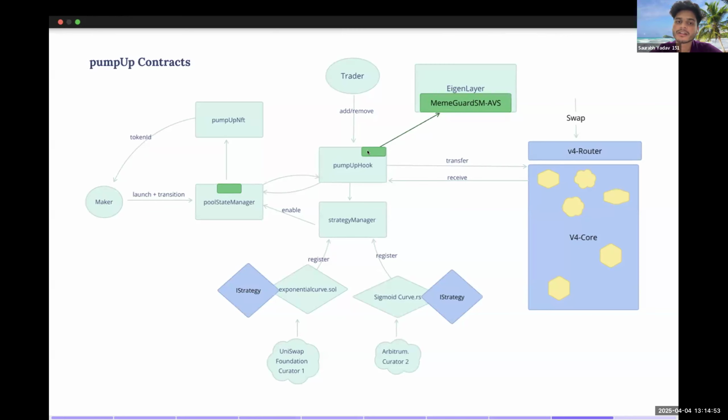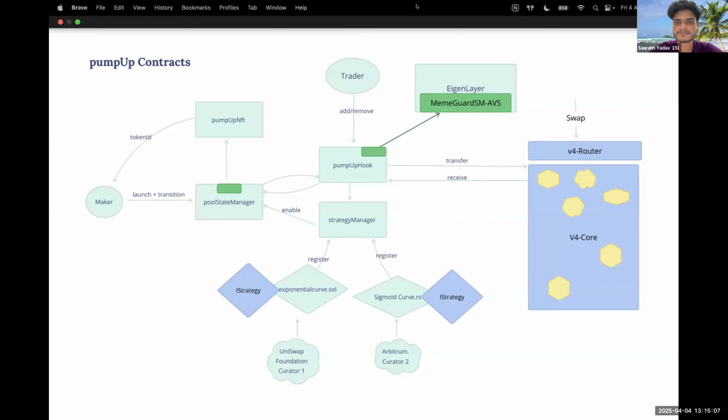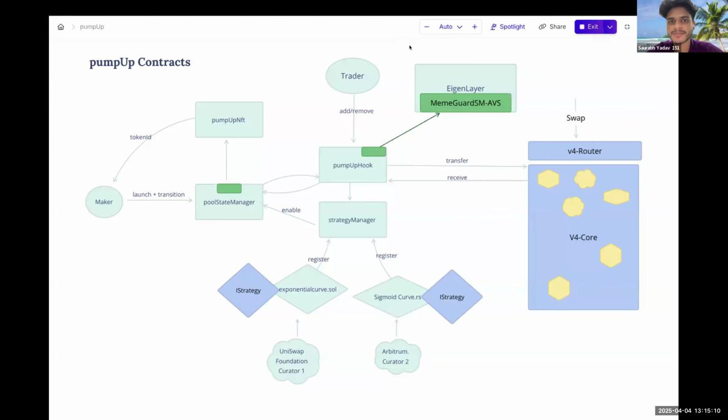Before any swap, the Pump Up hook contract calls this AVS to read the risk profile, and if the risk profile is below the critical level, the transaction will revert. Yep, that's it. Thank you.